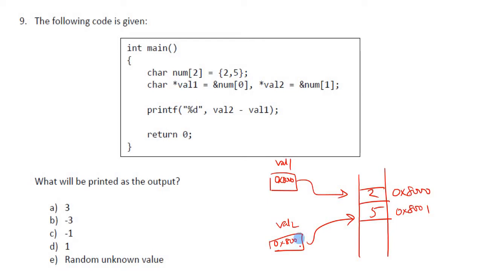What is important is that the pointers are holding the addresses. Only when I say asterisk value 1 and asterisk value 2 am I pointing to the data. So when I take value 2 minus value 1, I'm taking the addresses of these two elements, and the difference between two consecutive elements in a character array is always going to be 1. So the answer here is 1.